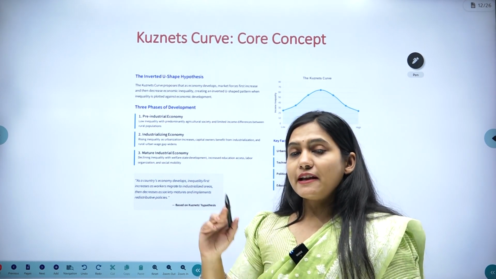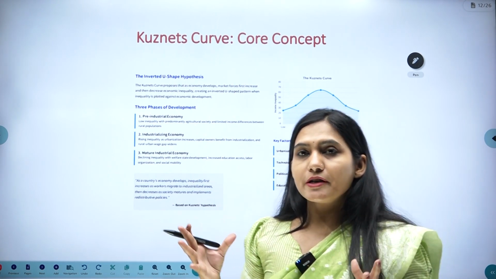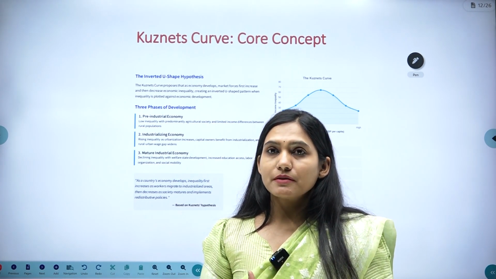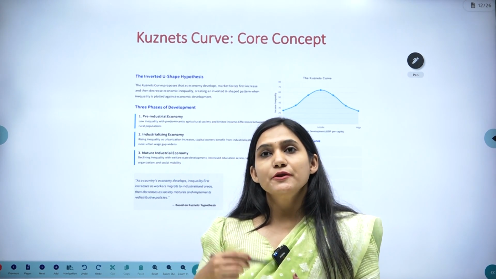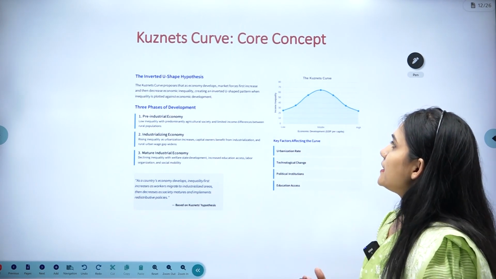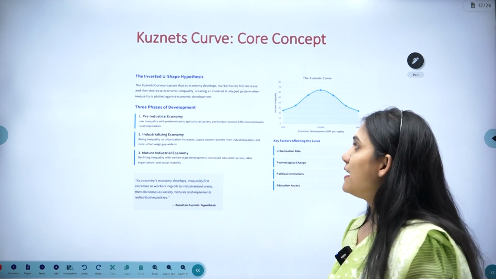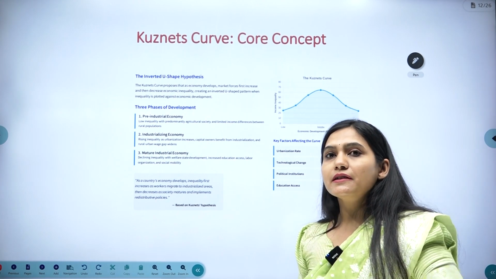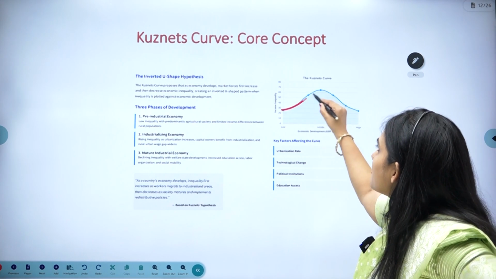Then at a certain point when the overall economic ecosystem of the country becomes stable, the government starts reducing the income inequality. So what is said is that initially market forces will increase the income inequality and then gradually decrease the economic inequality. This will create an inverted U-shaped curve.